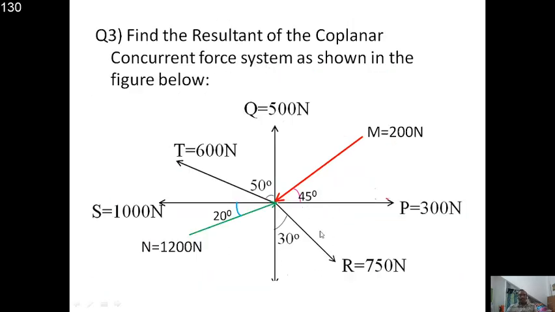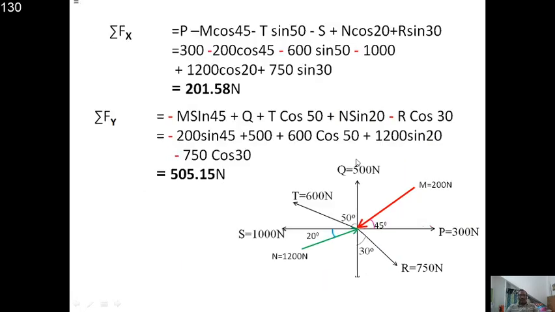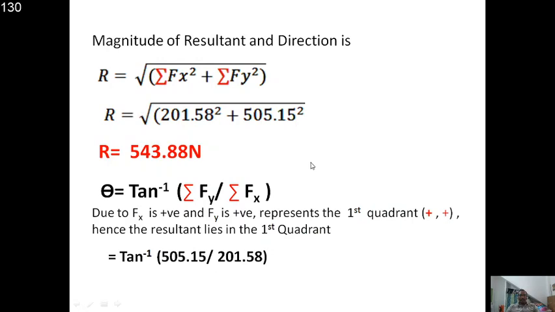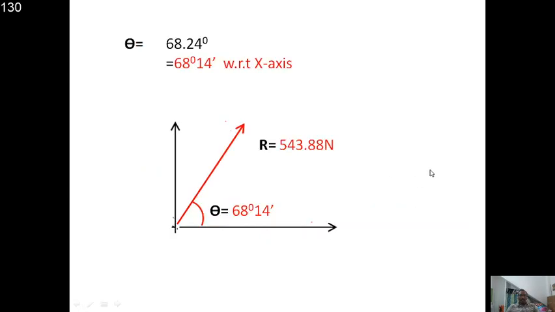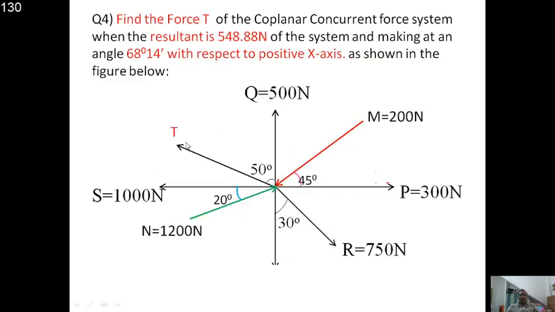After that we solved one problem which involves almost seven forces, right? And we got the resultant and angle, right? After that I wanted to make sure that you are better practiced with the equations, so I made one unknown and gave the resultant magnitude and direction, and finally determined the unknown single force.